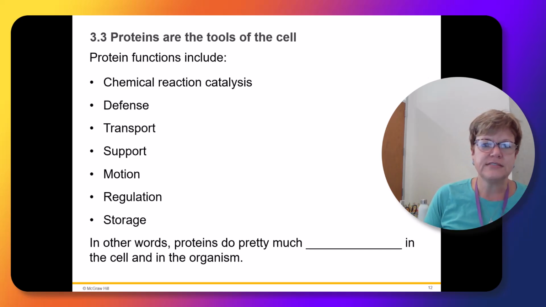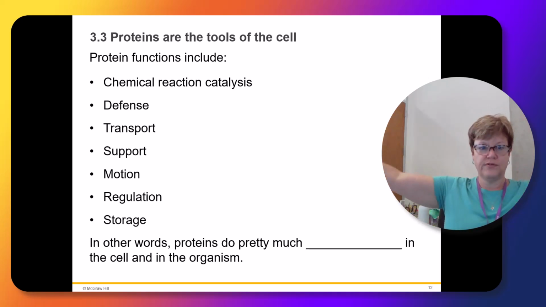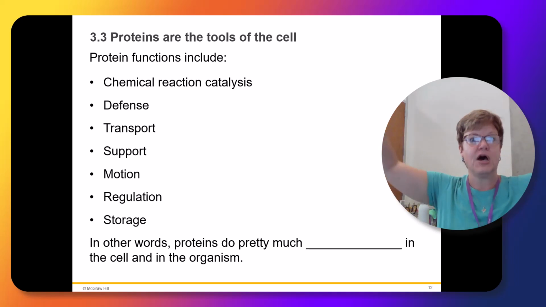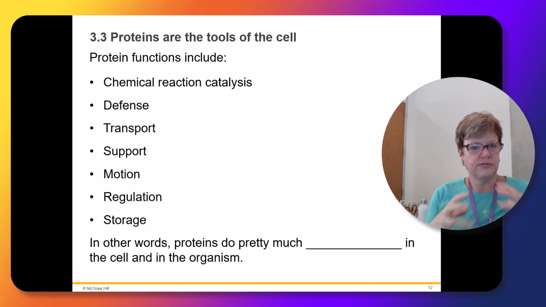So proteins, they do everything. They catalyze chemical reactions. In various definitions, they are used for defense. They can be used for transport of materials, whether it's transport within a cell or transport outside the cell but in the body. They're used for support and structure. They hold things up.